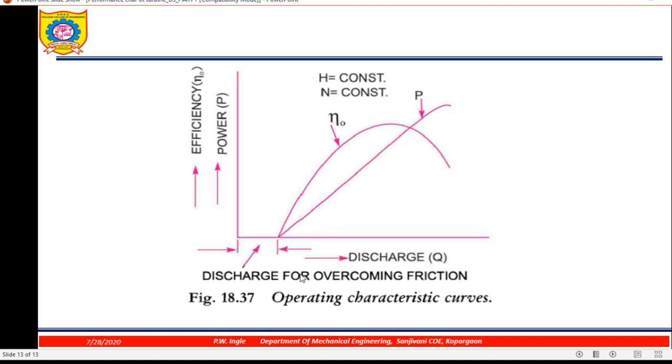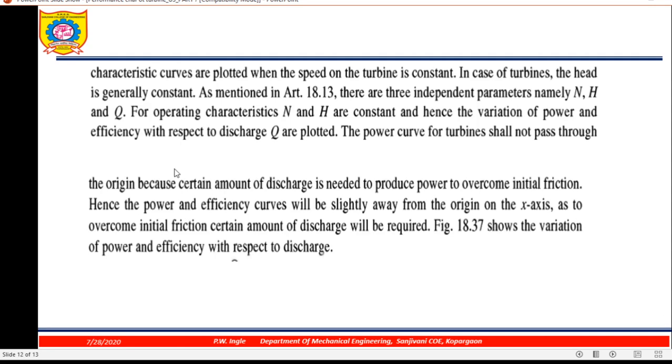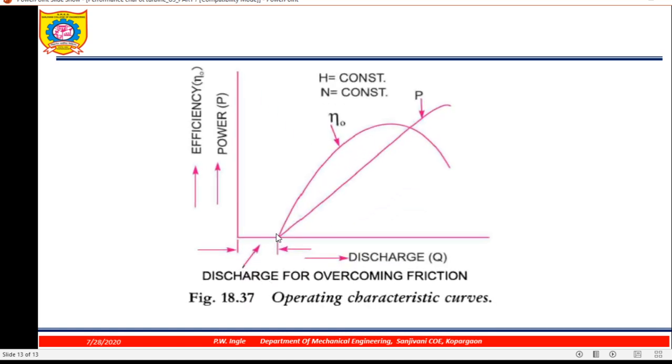I will read this. The power curve for the turbine shall not pass through the origin because a certain amount of discharge is needed to produce power to overcome initial friction. So here this will not pass through the origin. Okay, correct.